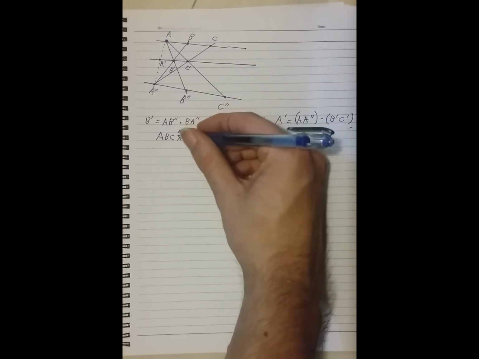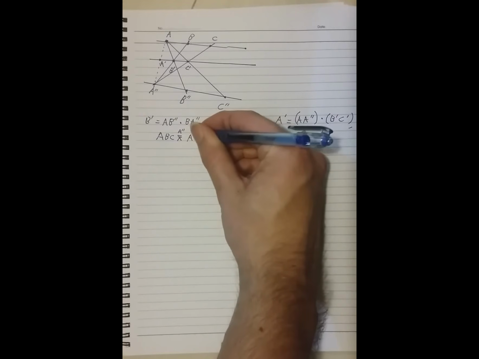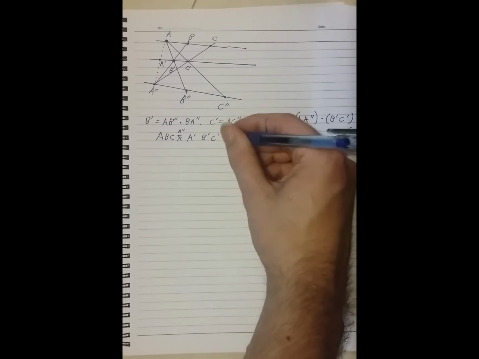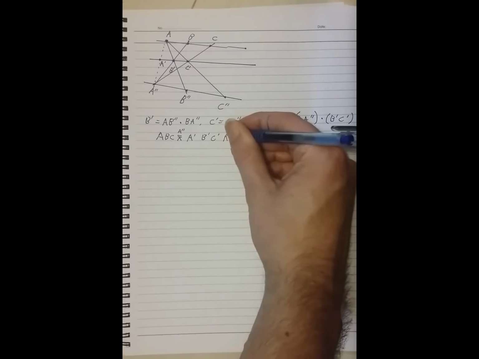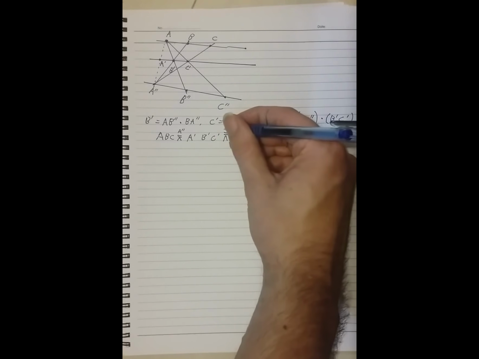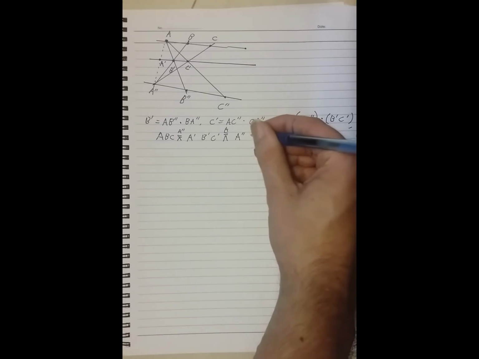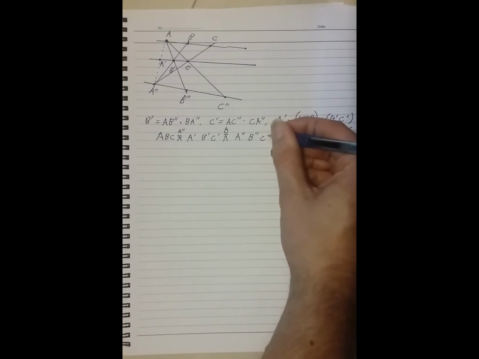That's going to get us to A dash, B dash, C dash, and then in a similar way, another projection via A gets us to A double dash, B double dash, C double dash.